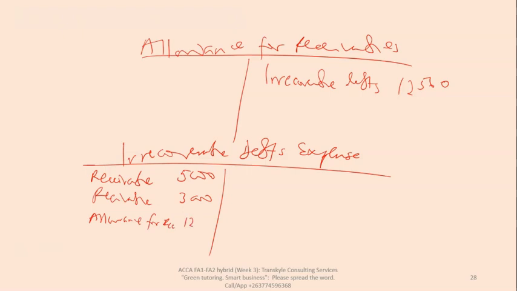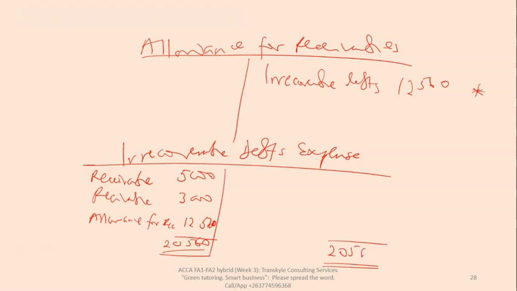And also the allowance for receivables of 12,560. Remember this one, 12,560. So we then have to add them up. We get 20,560. All right, and we then have to total up.